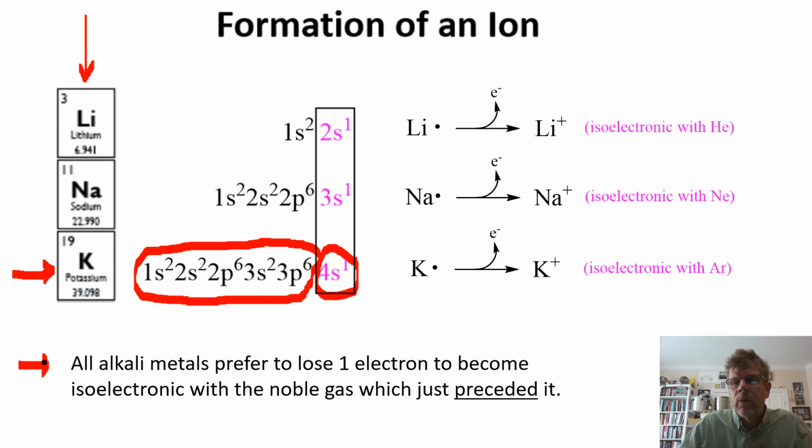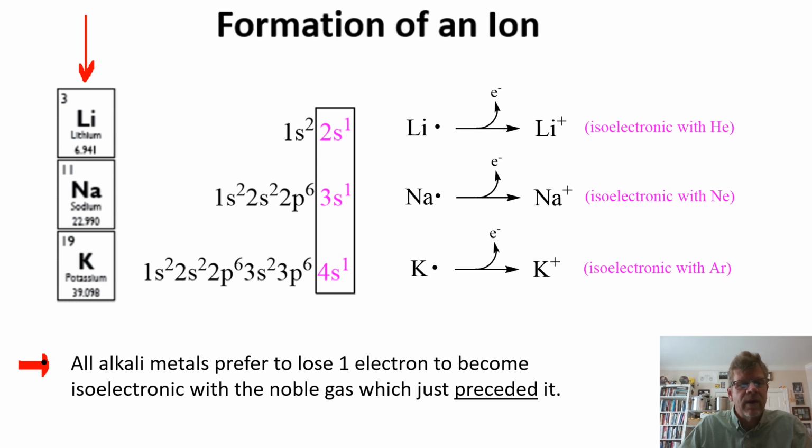If we worked it out, we would find that that's isoelectronic with argon, yet another noble gas. So going from a neutral atom to a singly positively charged ion is a very stabilizing process, and thus it will happen spontaneously and indeed very vigorously in chemical reactions.